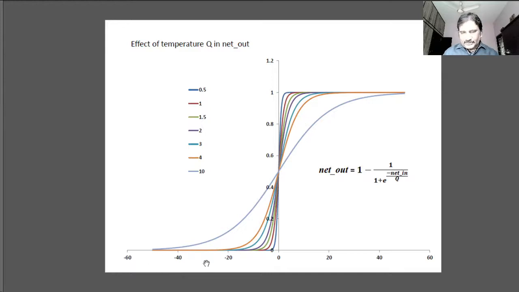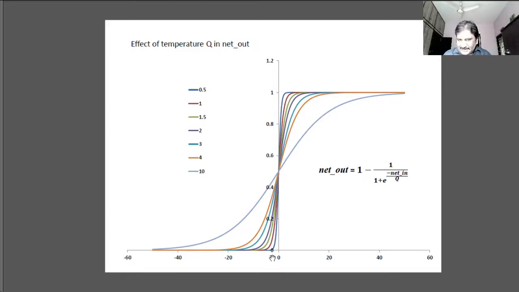With a lesser value, it will be very much insensitive to the changes in n in, because you are seeing that the curve is too steep. Its value is probably changing between minus 1 to plus 1, or might be minus 0.5 to 0.5.